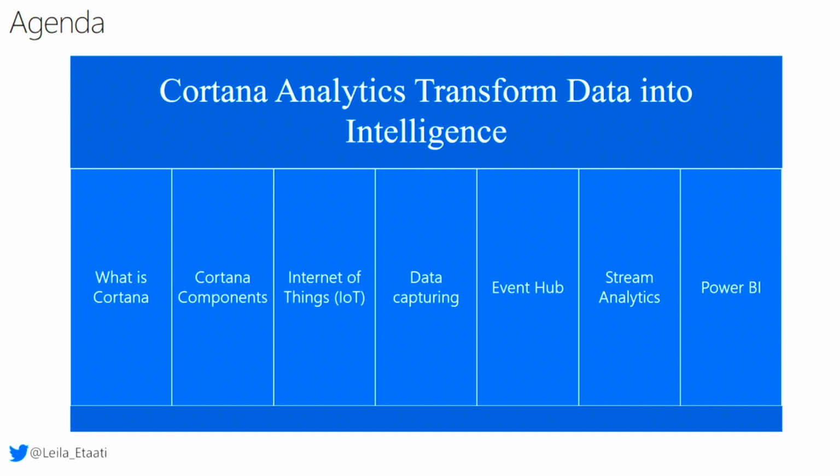So I'm going to look at the Cortana components, what IoT is, how we can capture data, and very quickly how to set up Event Hub, Stream Analytics, and how we can show the data in Power BI.